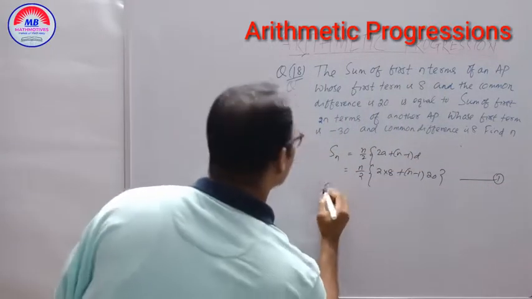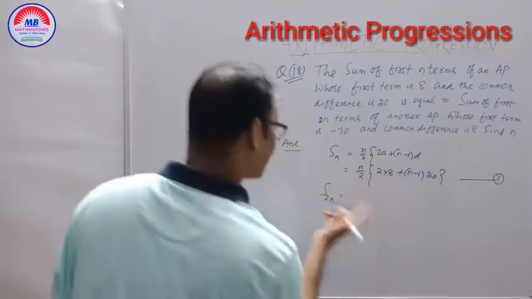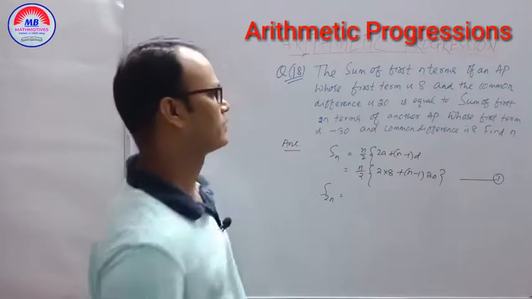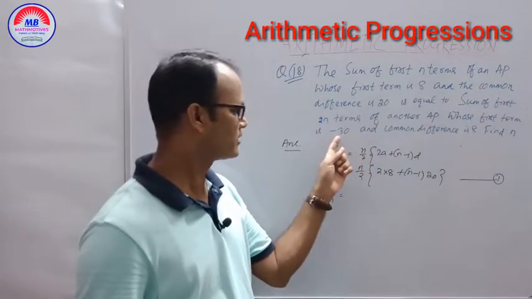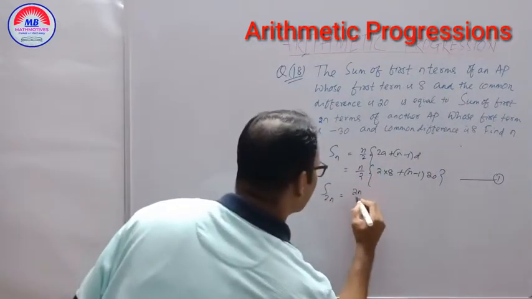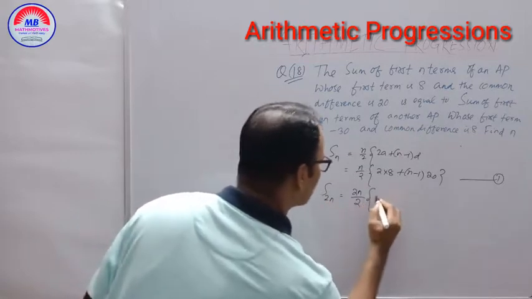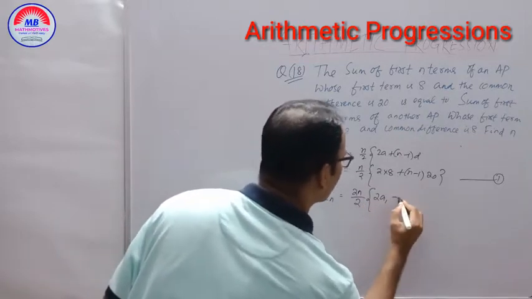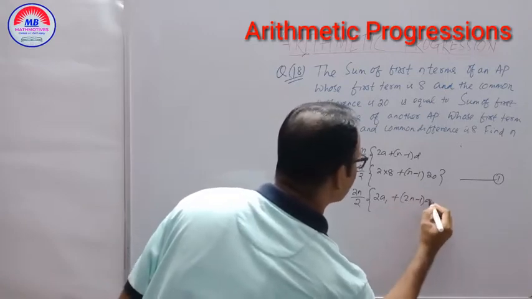Second, the sum of the first 2n terms, S2n, of another AP whose first term a1 is minus 30 and common difference d1 is 8. Put the formula: 2n by 2, because the value of n here is 2n, into 2a1 plus 2n minus 1 into d1.